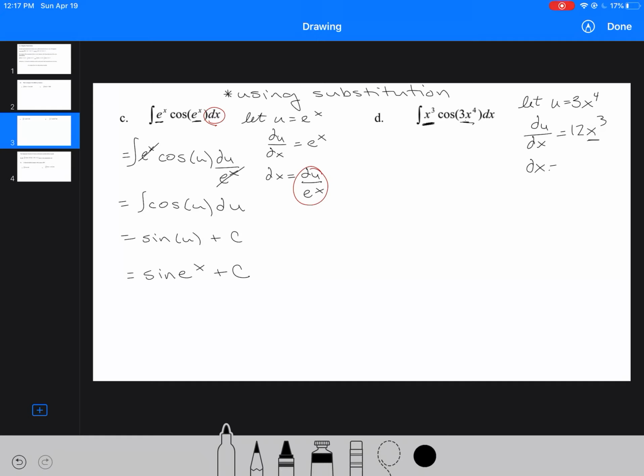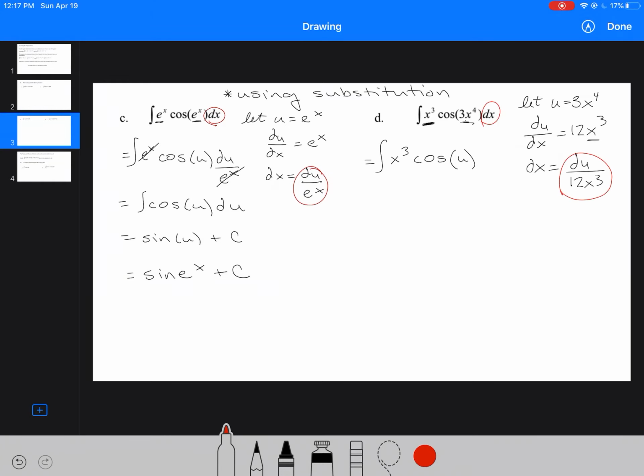And then I'm going to do the same thing. So I'm going to rearrange for dx. So now I've got du over 12x cubed. So let's make my substitutions. So I've got the integral of x cubed. I'm going to leave that alone. Then I'm going to have cos u, because I made that whole replacement. And then again, I'm circling in red my expression for dx.